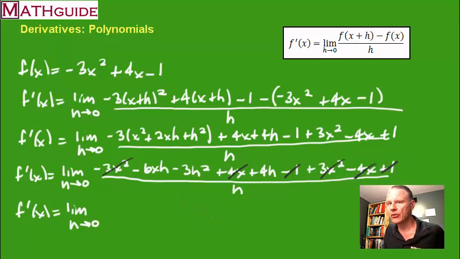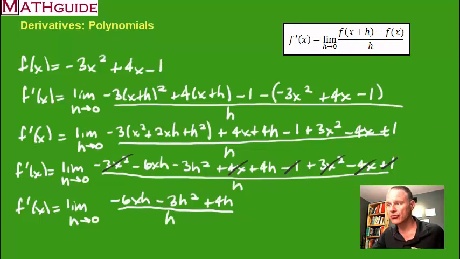All gone. So the only things left are terms that have h's in them. I have a negative 6xh minus 3h squared plus 4h. It's the only thing left in the numerator, all over h. Now I'm going to scroll down. Definitely need some room here.